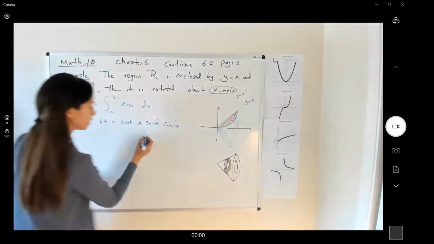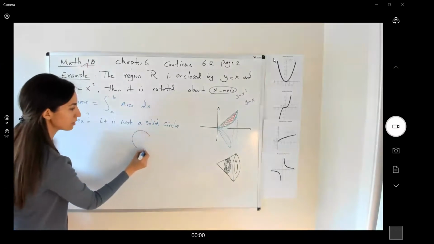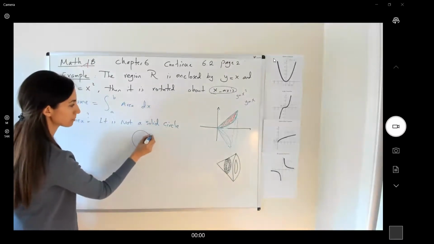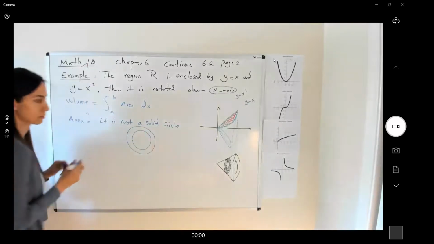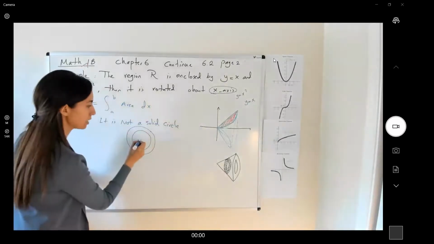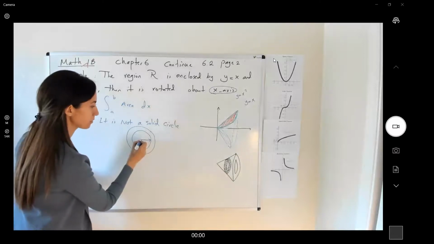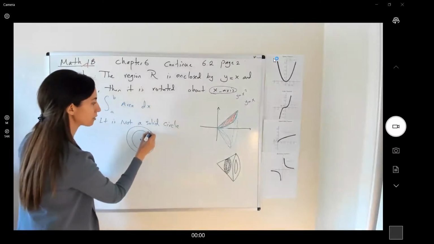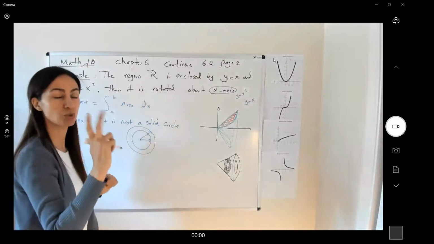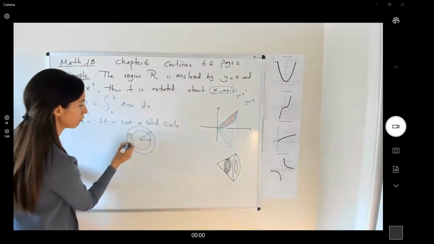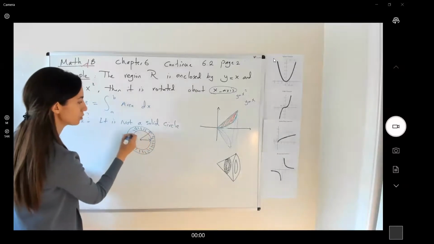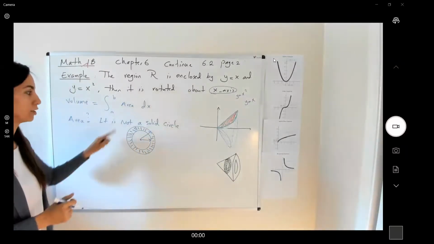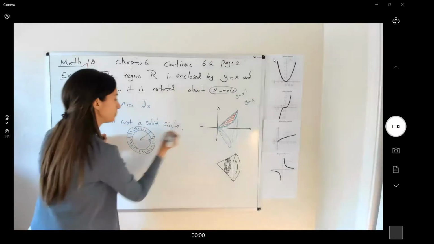As you can see, this circle is bounded between two functions. It has inner radius and it has outer radius. You have two radiuses and you're finding this area between these two circles. Not a solid circle.